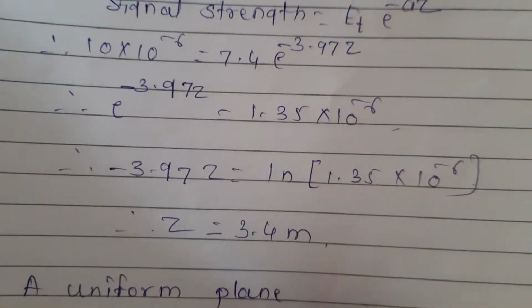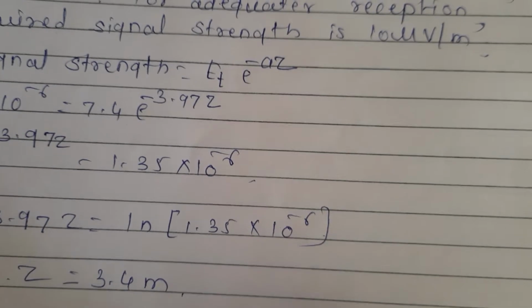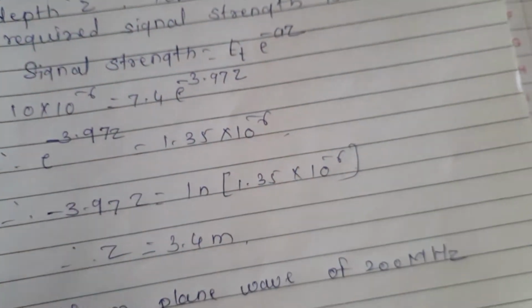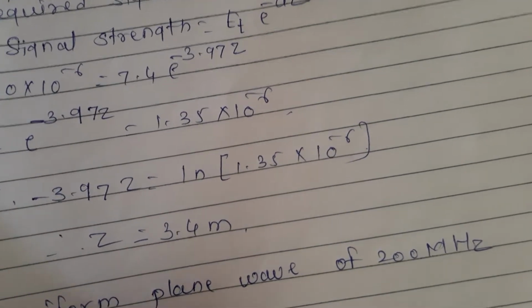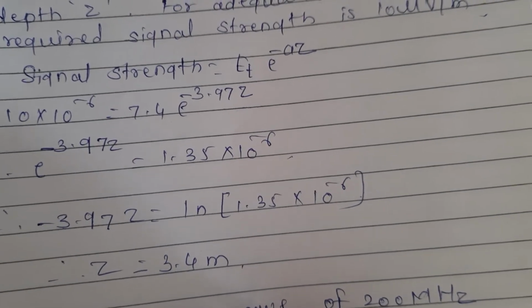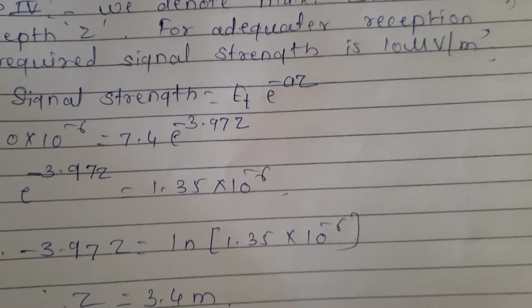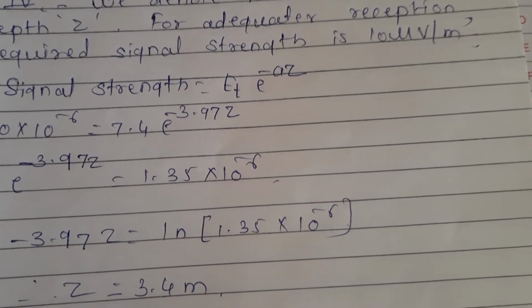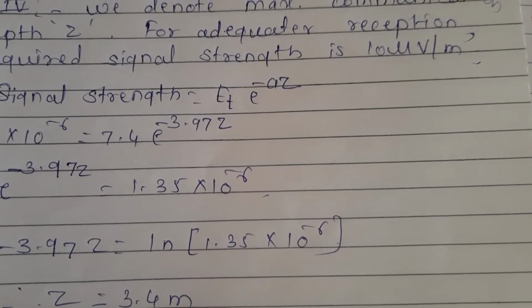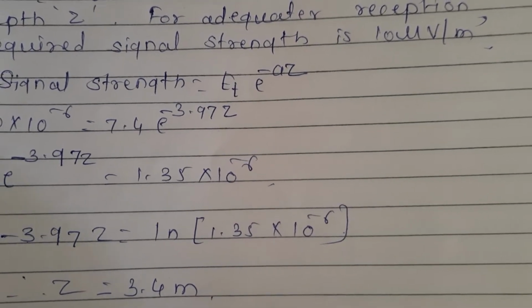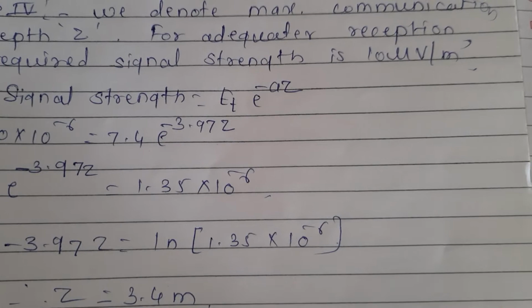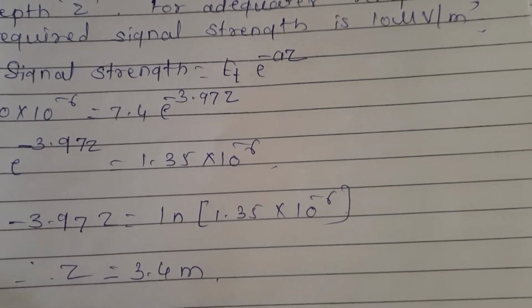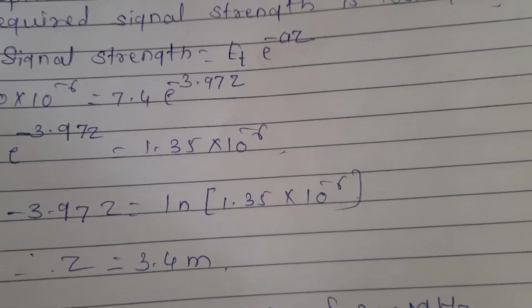A uniform plane wave of 200 megahertz traveling in free space is incident normally on a large block of material having epsilon r is equal to 4, mu r is equal to 9, sigma is equal to 0.